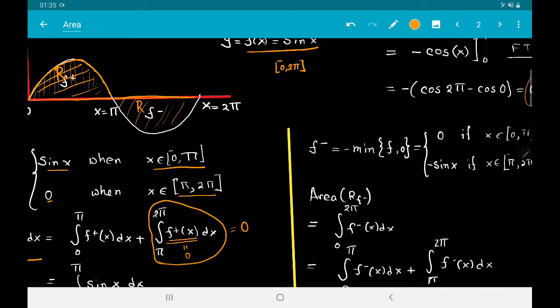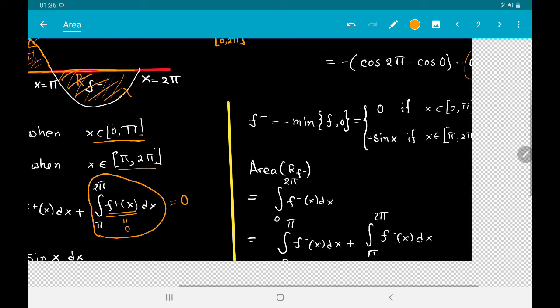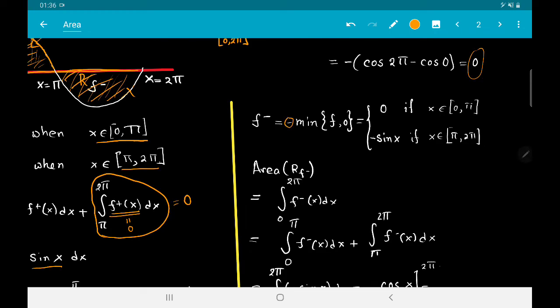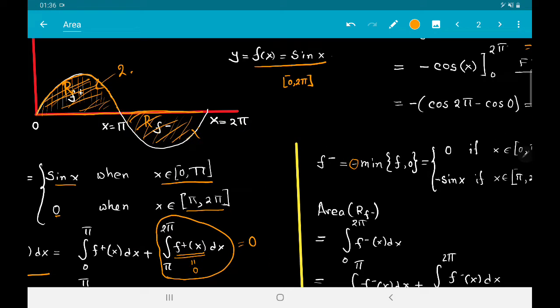And what is the total area? The total area is simply the area of this region, which turned out to be equal to 2, plus the area of this region. This region, of course, we have taken a negative here, so it is reflected about the x-axis.